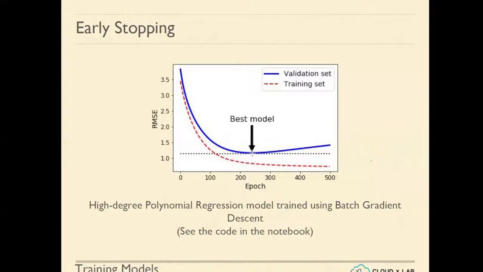If you go on either side of this point, whether left-hand side or right-hand side, the validation error is increasing, right? Only for this point you have the lowest validation error. So you will pick the model for which you have the lowest validation error, right?